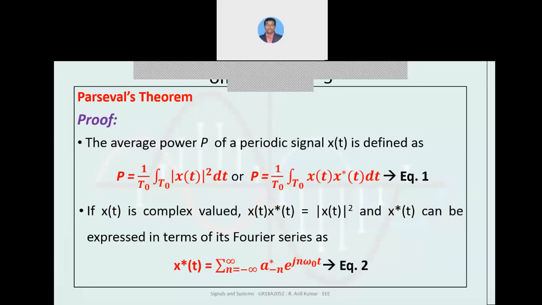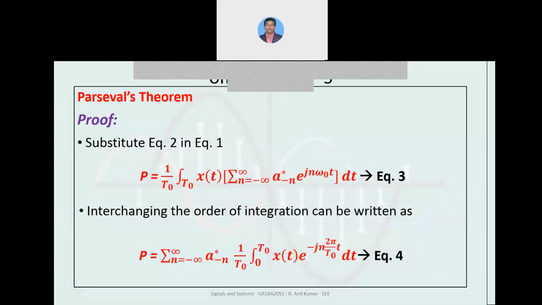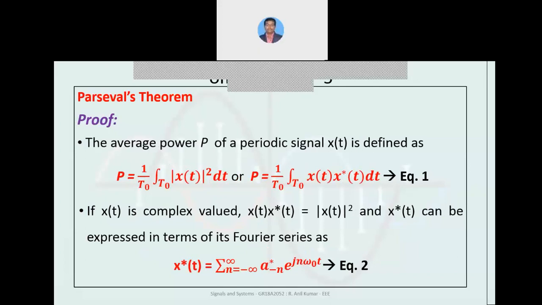Then only the conditions will be satisfied as per equation 2. If x of t is not complex, then the condition is directly considered as square only. That is the first expression, as we can see in the statement here.